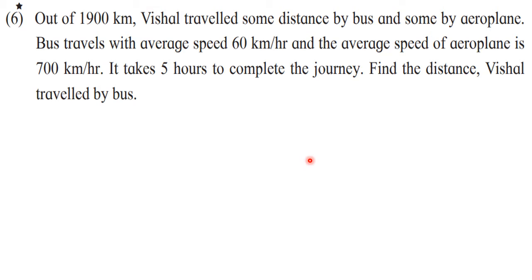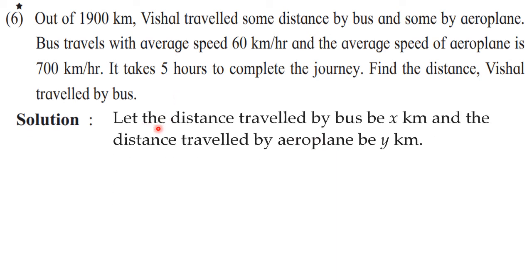Okay, so now what we are going to do here is take the distance traveled by bus as x kilometers and the distance traveled by aeroplane as y kilometers. So let us write down the first statement: let the distance traveled by bus be x kilometers and the distance traveled by aeroplane be y kilometers.